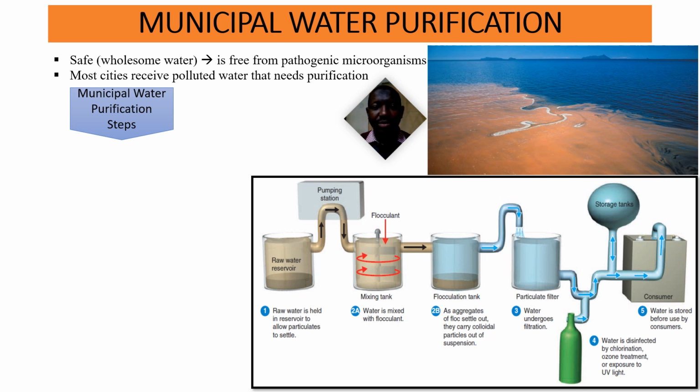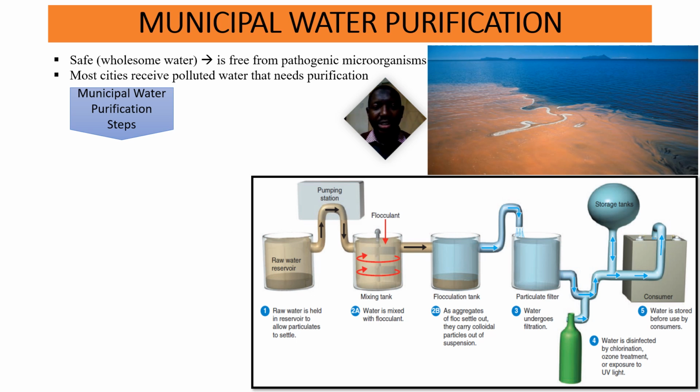That is to say, a water in which the levels of microorganisms or chemicals are low enough that they are not considered a health problem. They are not of health concern.